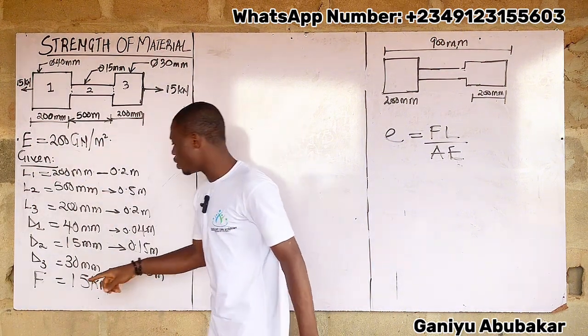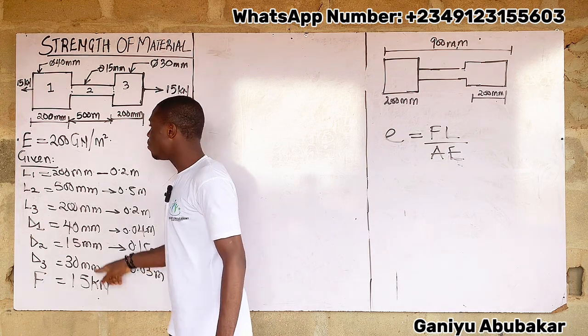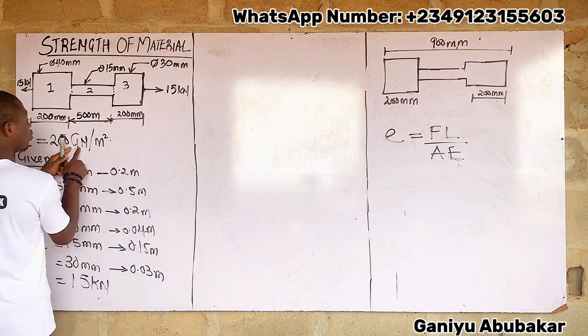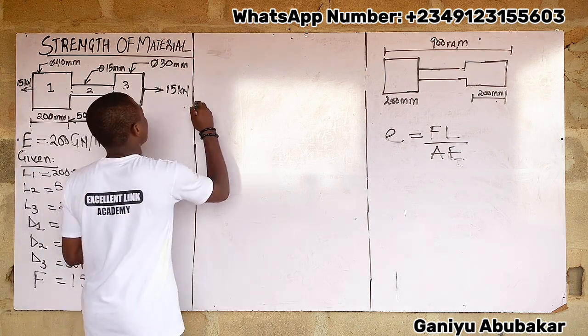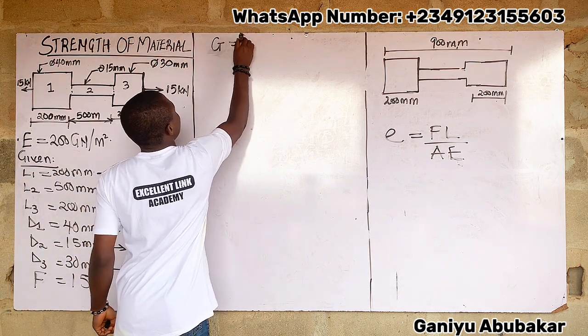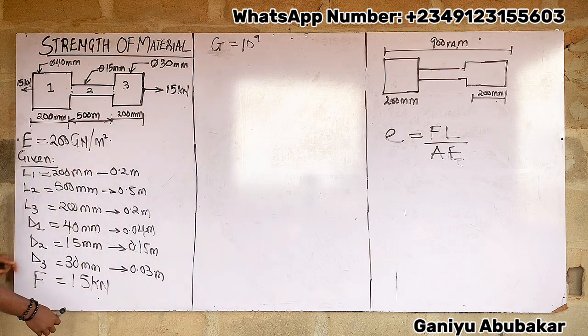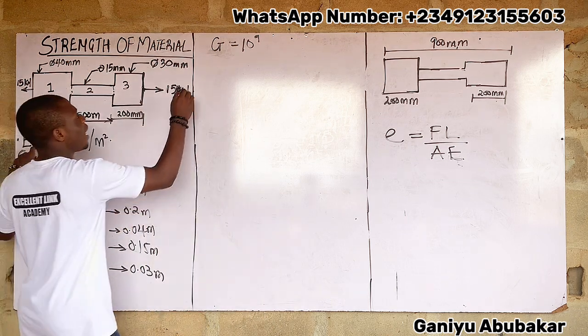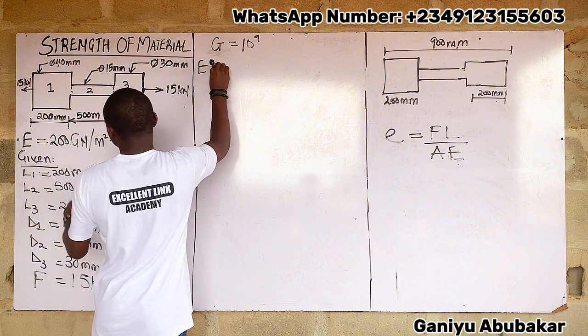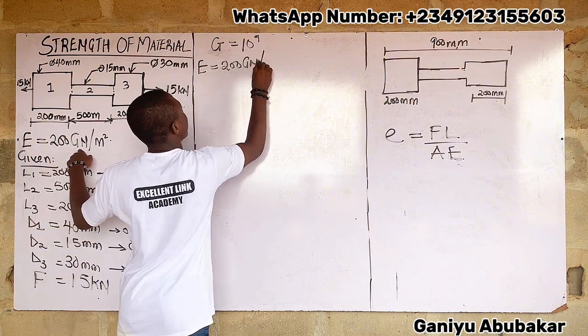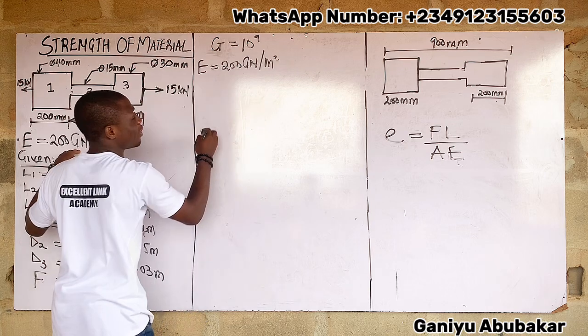Next up, my force is in kilonewton, and my Young's modulus is in giganewton. So I have to convert this giga to kilo. Note that giga is 10 to power 9, right? So the idea is now quite simple. If I have my E equal to 200 giganewton per meter squared, how do you convert it to kilonewton?